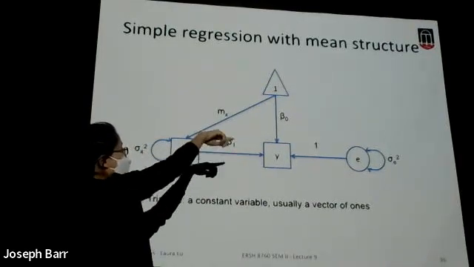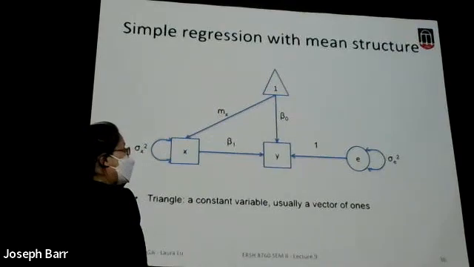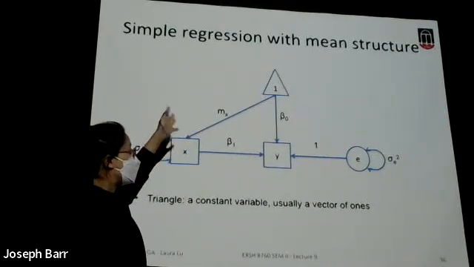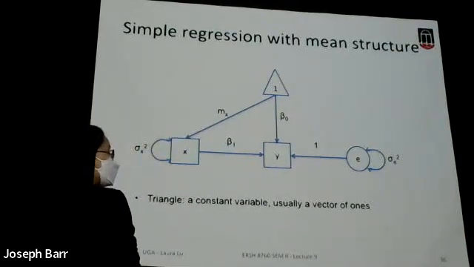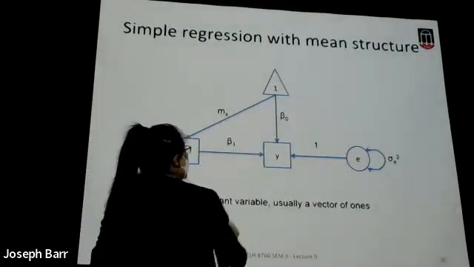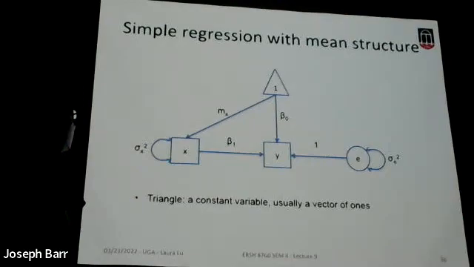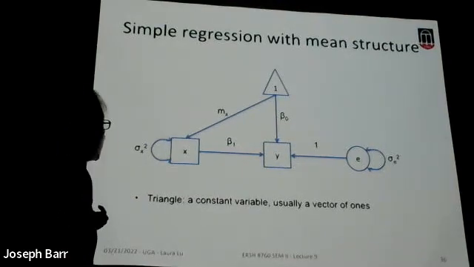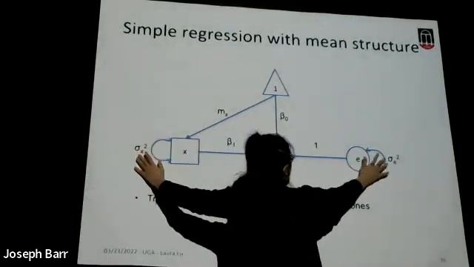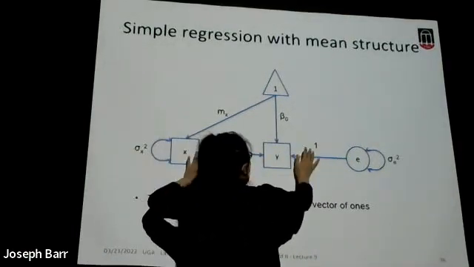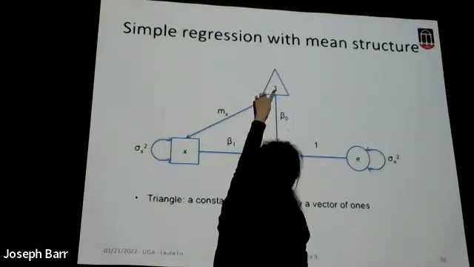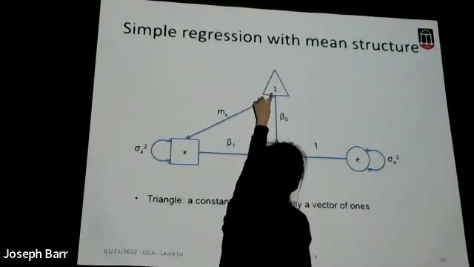Usually we put a 1 inside the triangle to indicate that it is a constant. So this is a new part for me. Simple regression can be shown by this path diagram. In addition to the previous part, we have a triangle marked with 1, meaning constant.